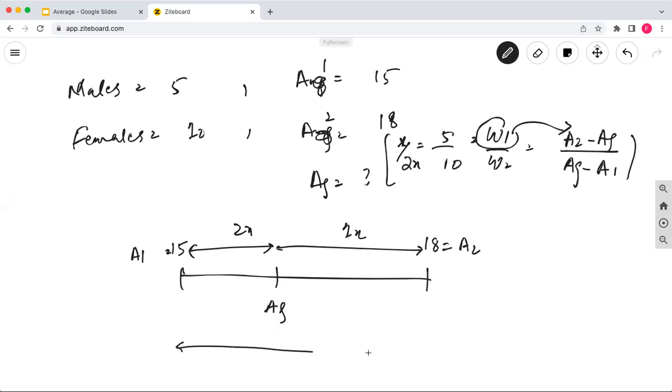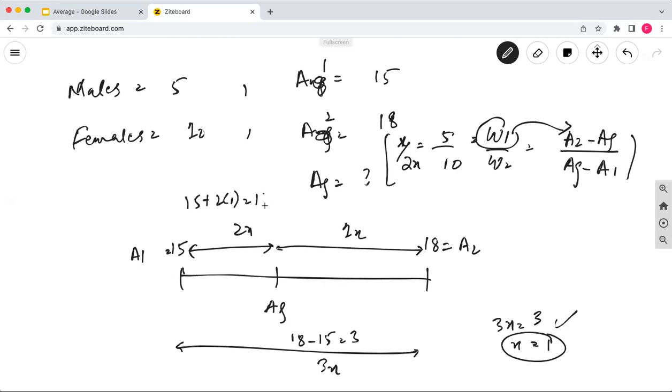So overall, this is 3x, and this 3x is equal to 18 minus 15, which is equal to 3. So 3x is equal to 3, x is equal to 1. Now you know x is equal to 1. So the average will be 15 plus 2x, 15 plus 2 into 1, which is 17. Isn't this a quick method?